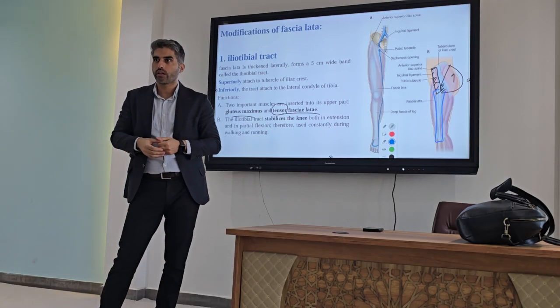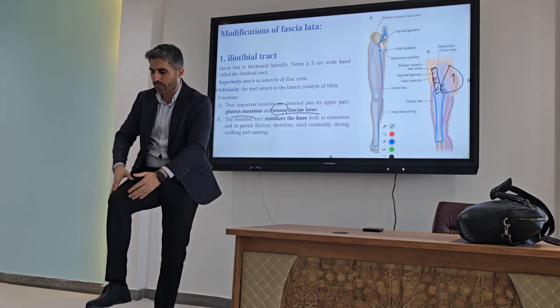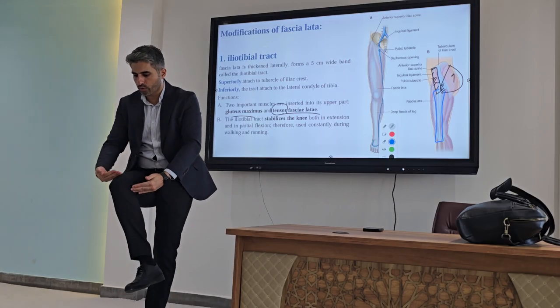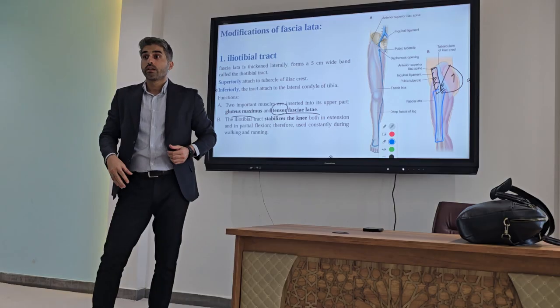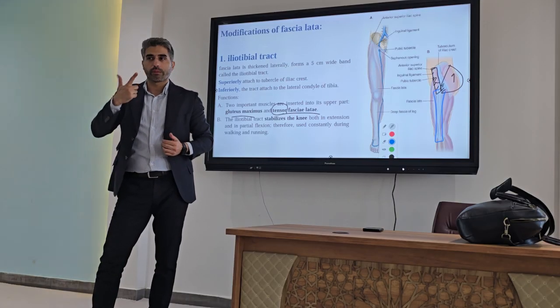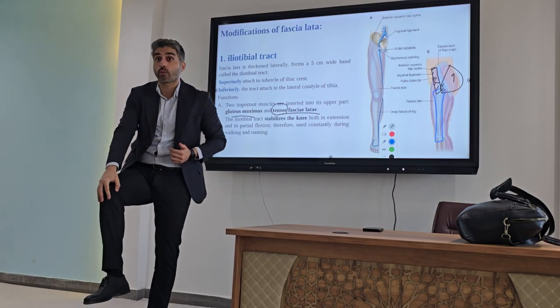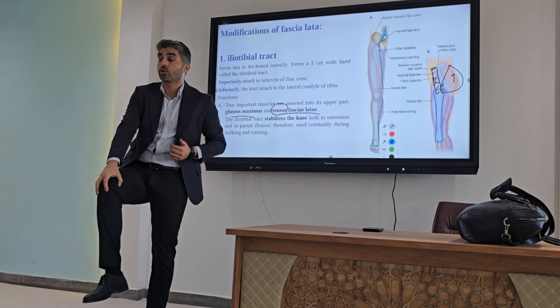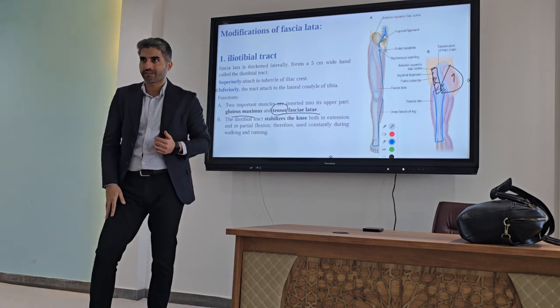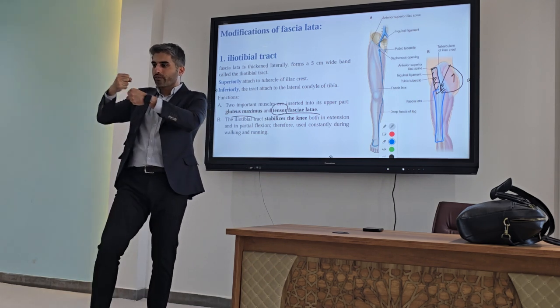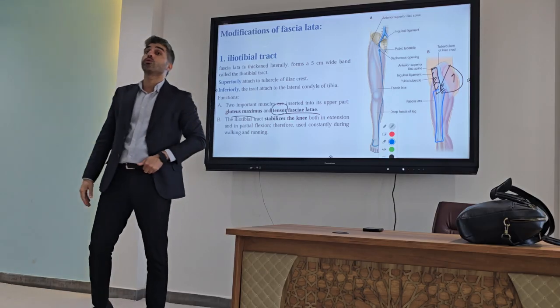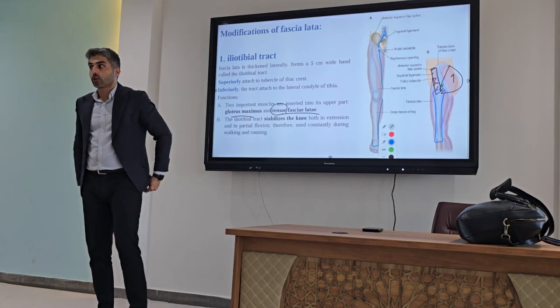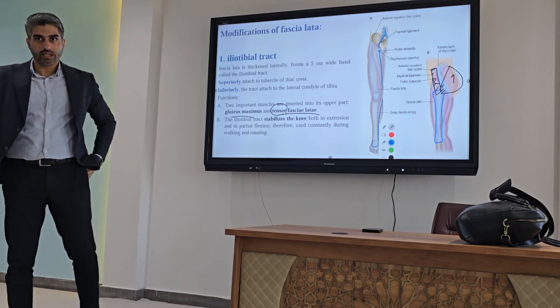Do you know why? Imagine your femur goes medial and your tibia goes lateral. This happens, and the ligaments rupture, the cruciate ligaments, inside the knee.